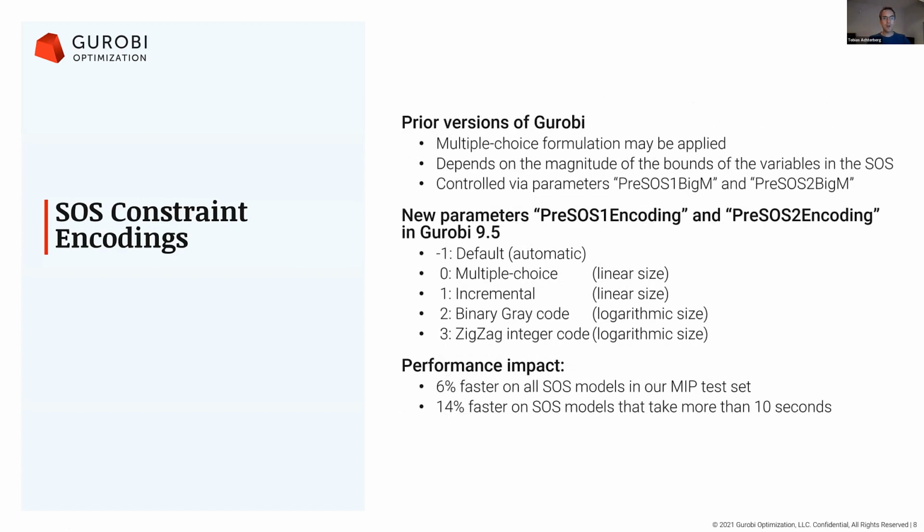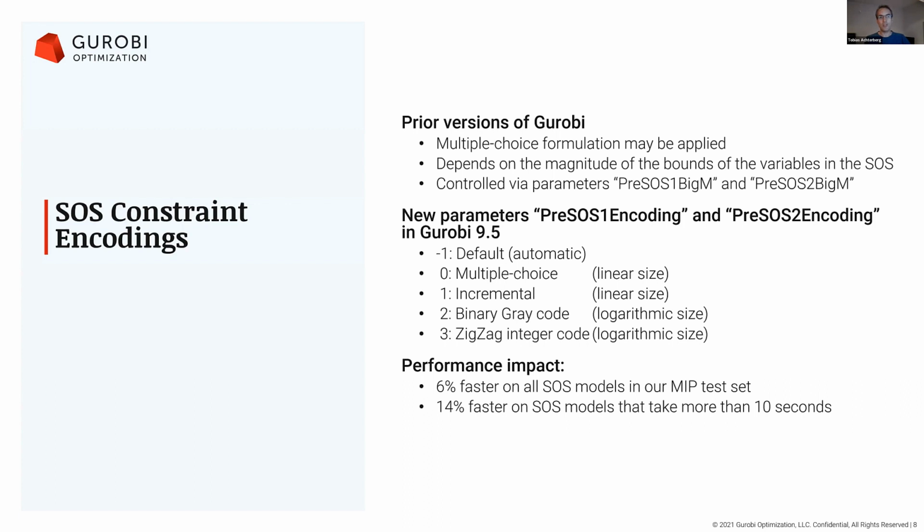So prior versions of Gurobi, all versions up to version 9.1, are able to automatically reformulate an SOS constraint into the multiple choice formulation. And this is in automatic settings done by looking at the bounds of the corresponding variables. And if all of the bounds of these variables are small enough, controlled by these two parameters, then we would translate an SOS constraint into an MILP formulation.